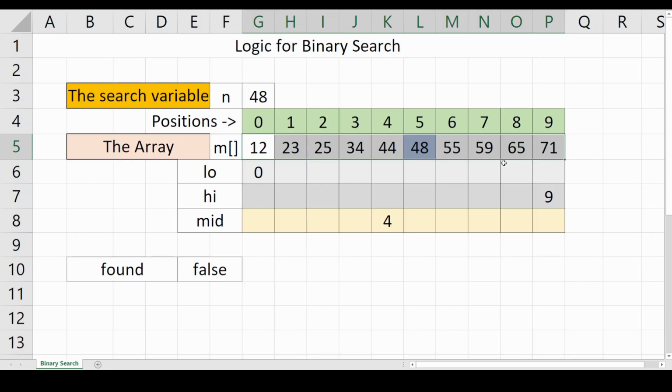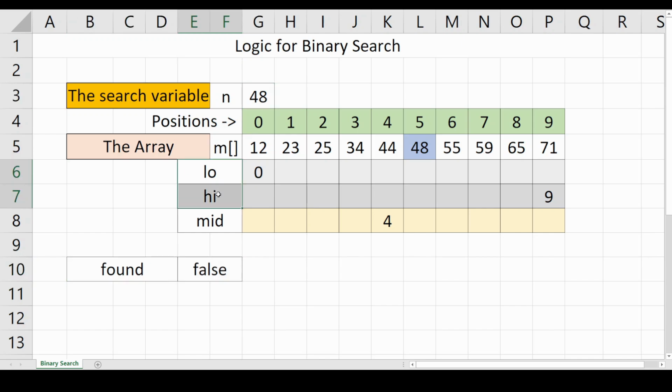Now the variables that I'm using: we already know that we will be using two variables. One is n, that is the variable, and one is the array m, that is the array. Now we will be using three variables: low, high, and mid, the same variables that we used in the previous program, and it is doing the same thing as the previous one.